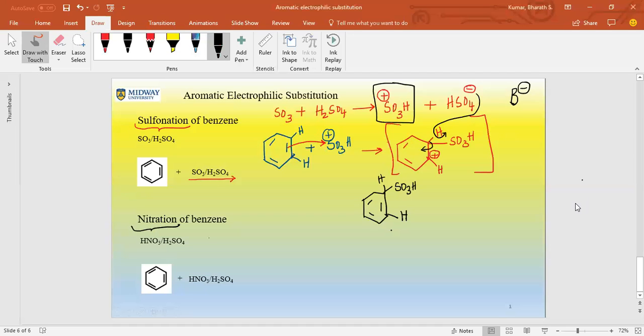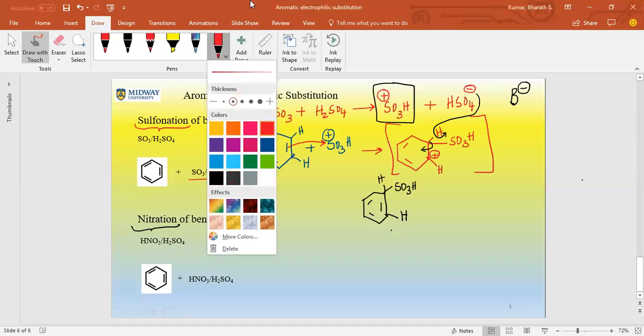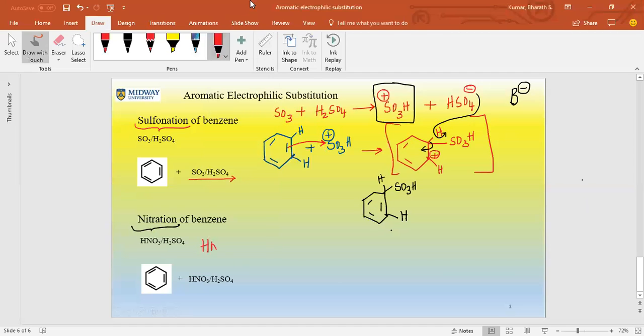When HNO3, nitric acid, plus H2SO4, sulfuric acid, react, they make the nitronium ion, NO2 plus, and I'm going to call the base H2O.